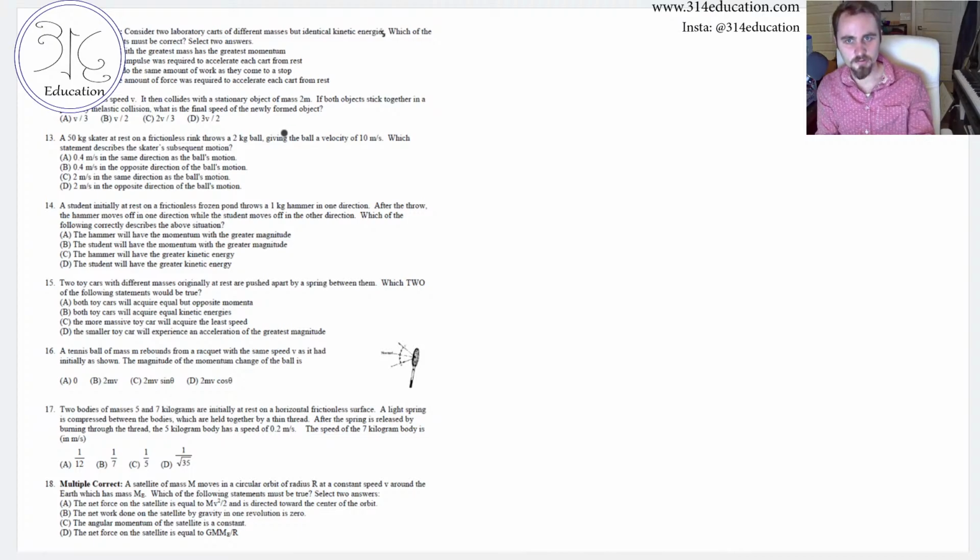So they didn't experience the same impulse, but they can experience the same magnitude of force. Yeah, that is fair. And that's good because we've ruled out A and B also, so this is our best option to choose too.